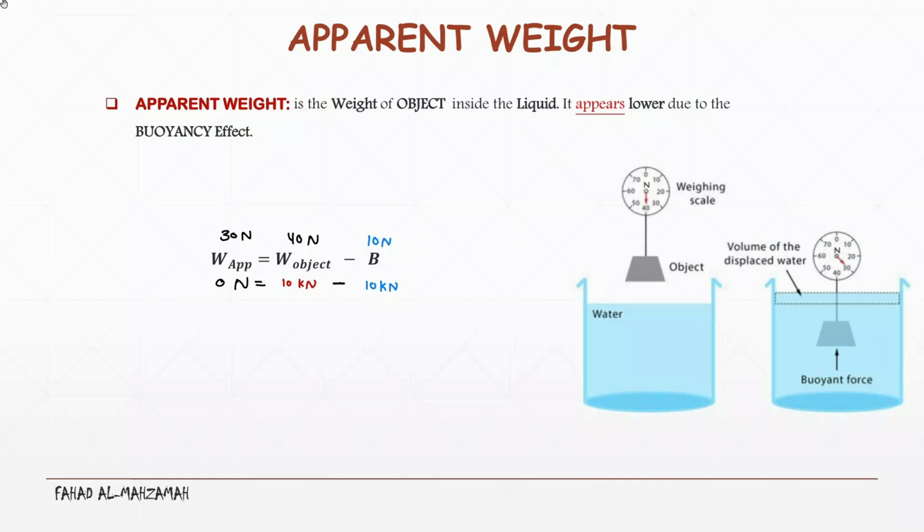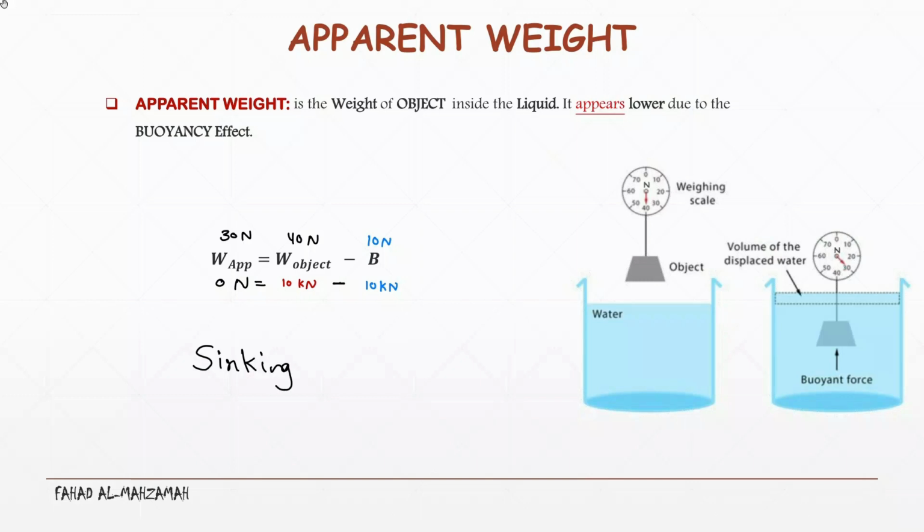Whenever you see a value of apparent weight, and this is important to understand for the questions: if the apparent weight is some value greater than 0, it means the object is sinking. Why?